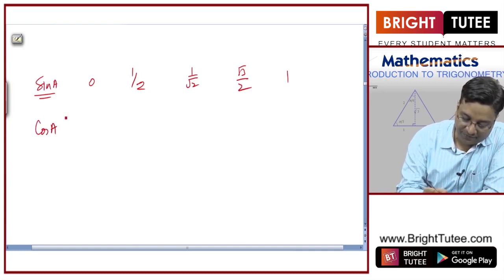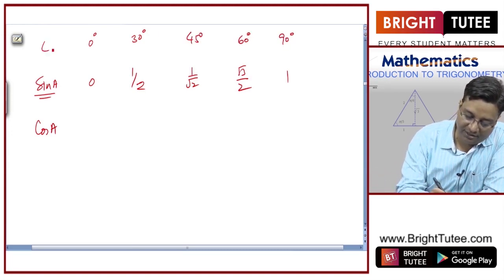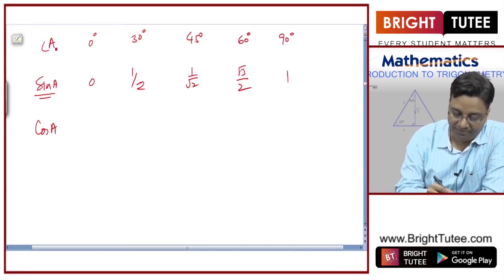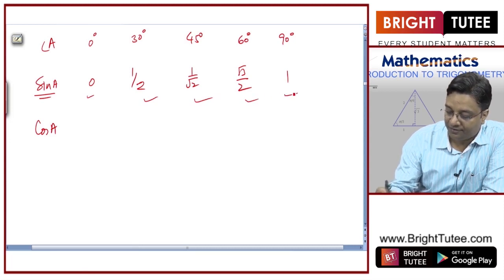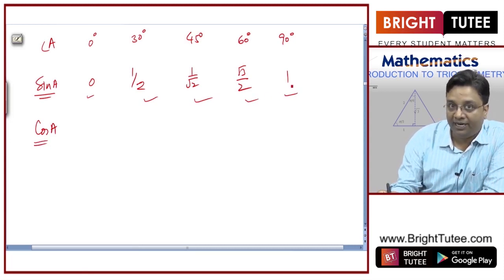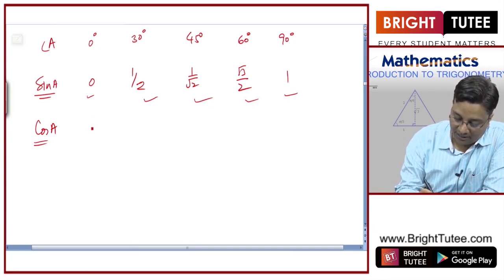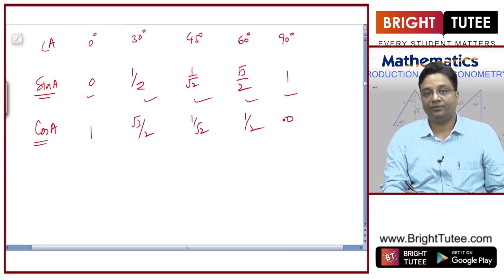For cos A, these are 0 degree, 30 degrees, 45 degrees, 60 degrees and 90 degrees. This is angle A, right. So, I just have to memorize these values. For cos, I can just flip these values, start from the end and go up to 0. So, I can write 1, root 3 by 2, 1 by root 2, 1 by 2 and 0, okay.